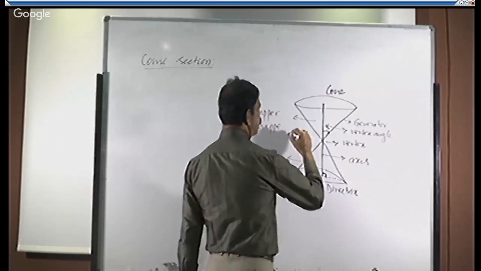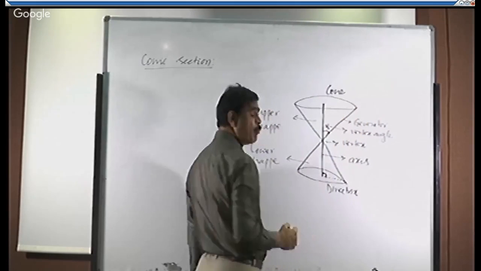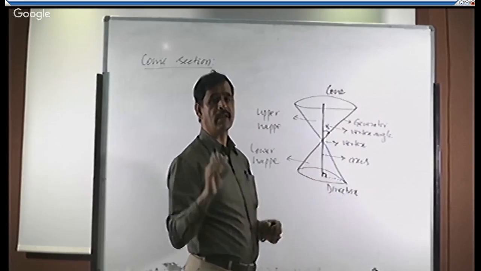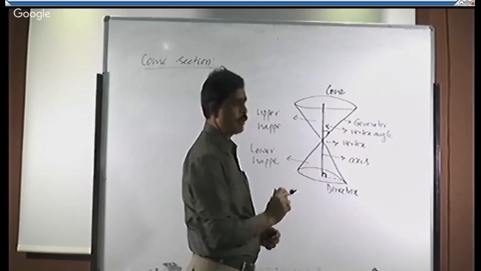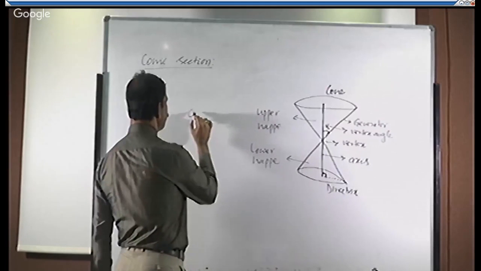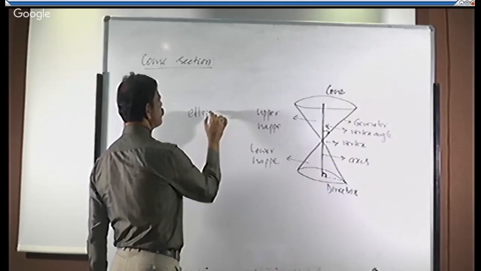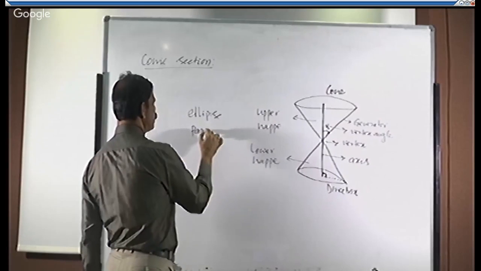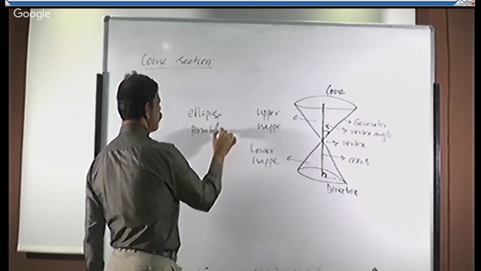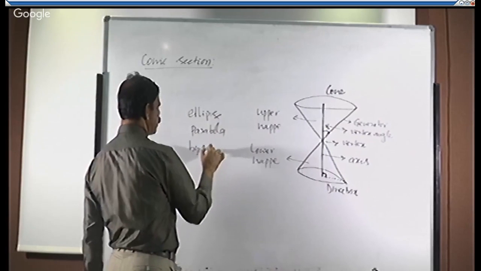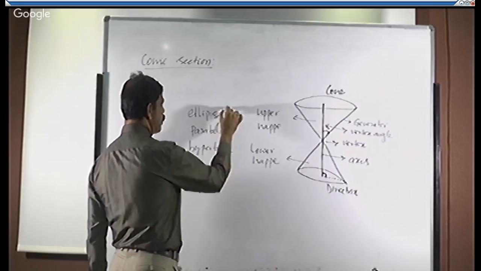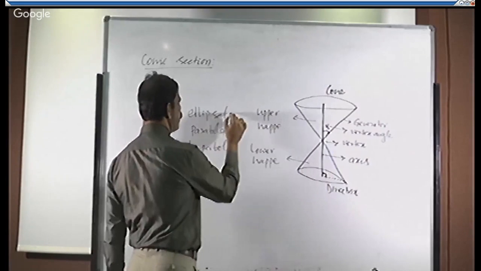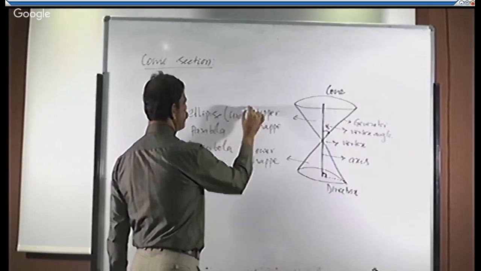So by cutting this right circular cone by a plane at different angles, at different positions, we will form conics. That is, you may form an ellipse, a parabola, or a hyperbola. There is a special case of the ellipse, which will be called a circle, right?